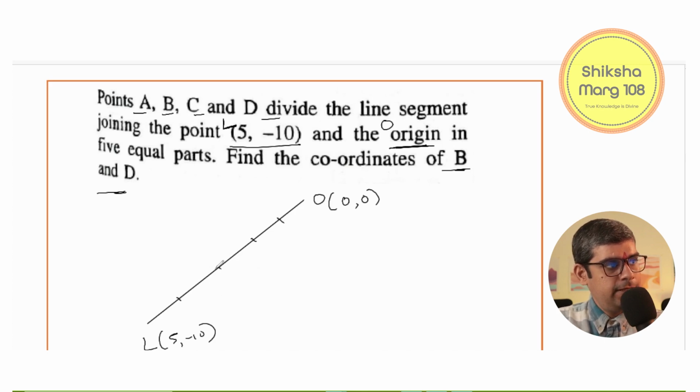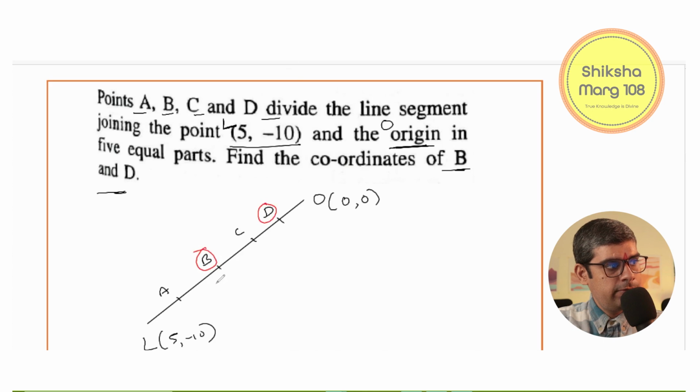So that's going to be A, B, C, D. I'm sorry that it doesn't look equal, but you get the idea. So these are 5 parts. 1, 2, 3, 4, 5. That's 5 equal parts. I'm sorry about the dimensions, but it's freehand and we're just doing it quickly. So find the coordinates of point B and D. So we're focusing on the point B and D.